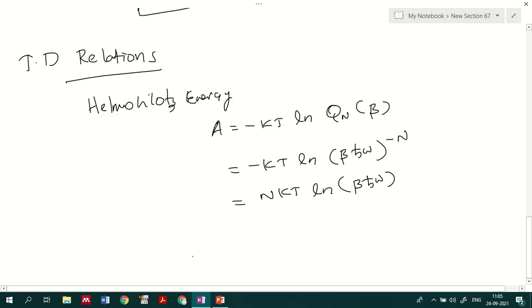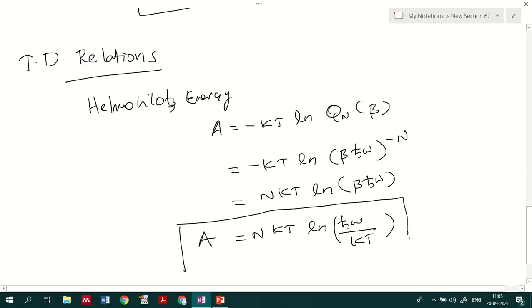Now if I represent this further, I can write it as nkt ln h cross omega by kt. Like in this fashion I can represent the Helmholtz energy, where beta is equal to 1 by kt. Okay, clear?